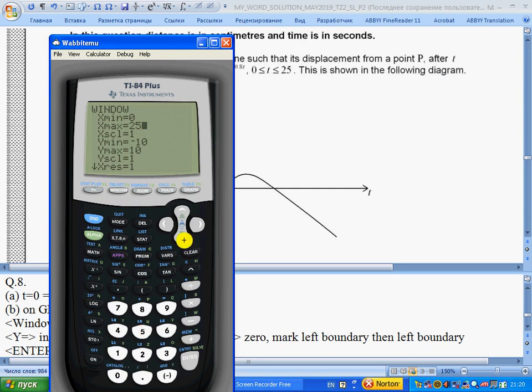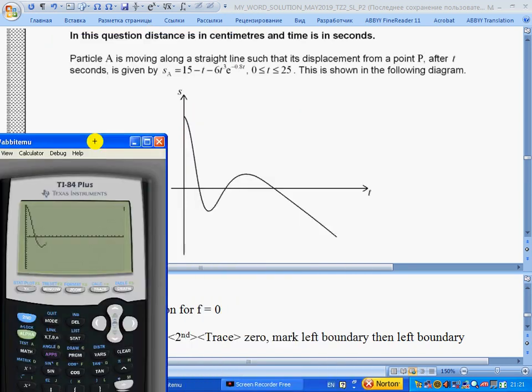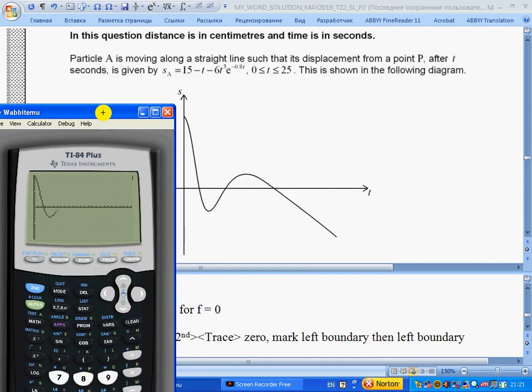For y we have minus 15 to plus 15, and we should get the graph that they have. If I didn't make a mistake, we should get the graph that they give us. Yes, it looks correct.